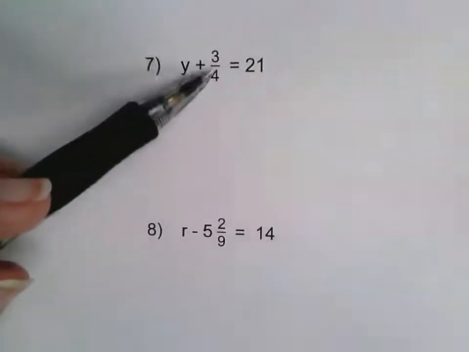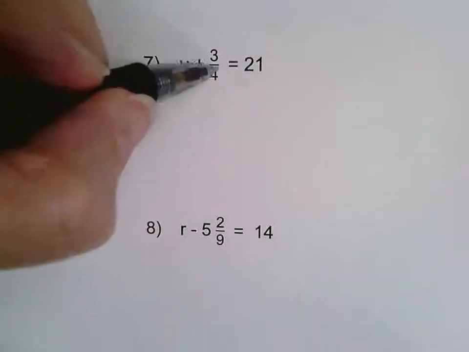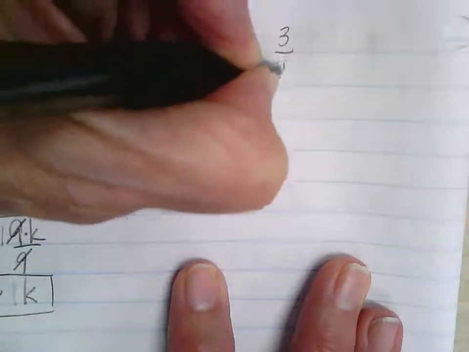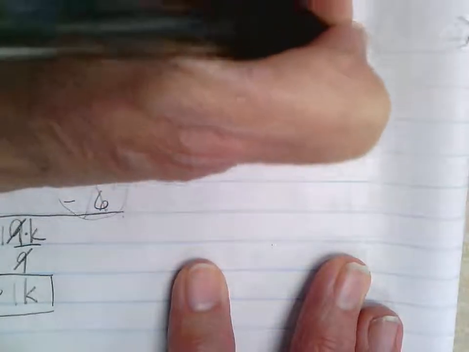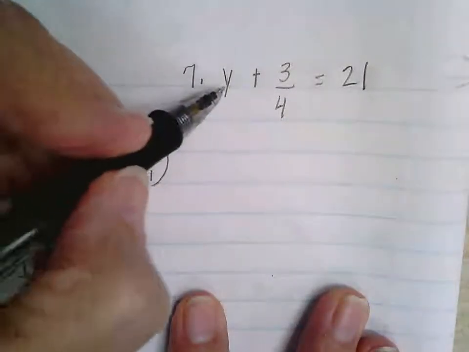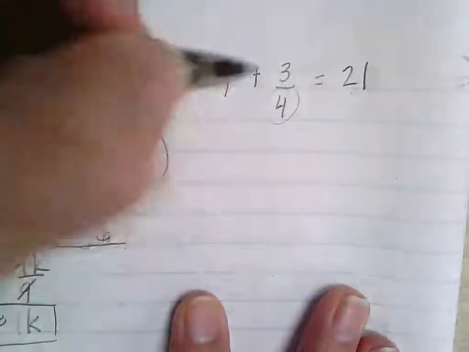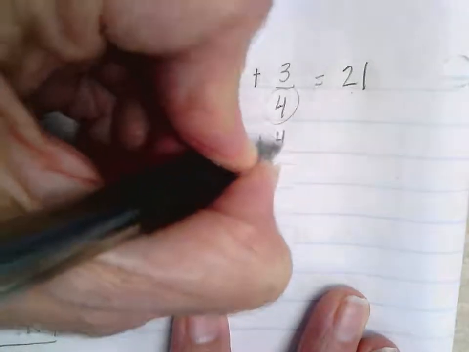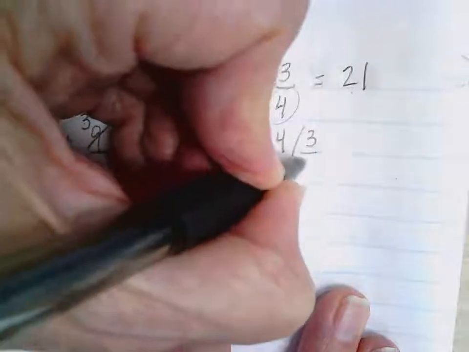Number 7. y plus 3/4 equals 21. Yay, I only have one fraction. So I'm going to multiply all the parts by this denominator. So 4 times y plus 4 times 3/4 equals 4 times 21.